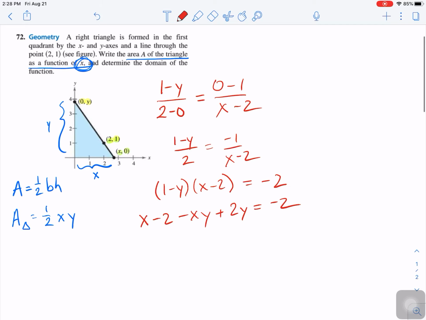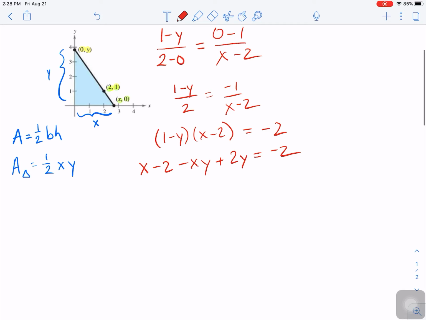So I now have negative xy plus 2y on that side, equal to, I'm going to subtract the x away and add 2, so that's plus 0, so we're done right there. Now I can factor out the y. I have negative x plus 2, times y, is equal to negative x.